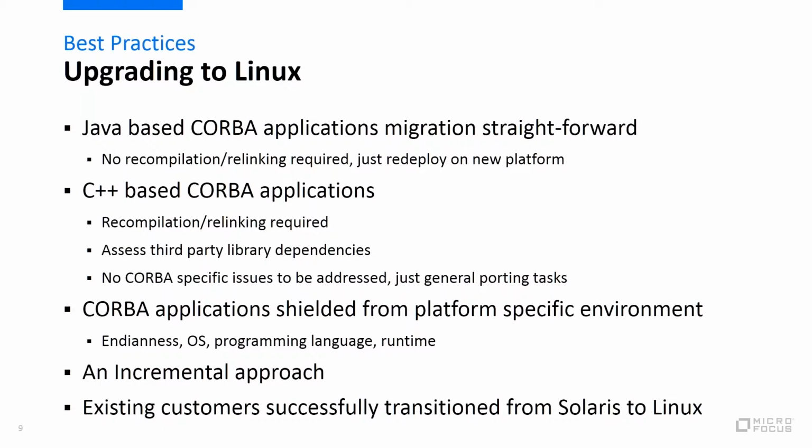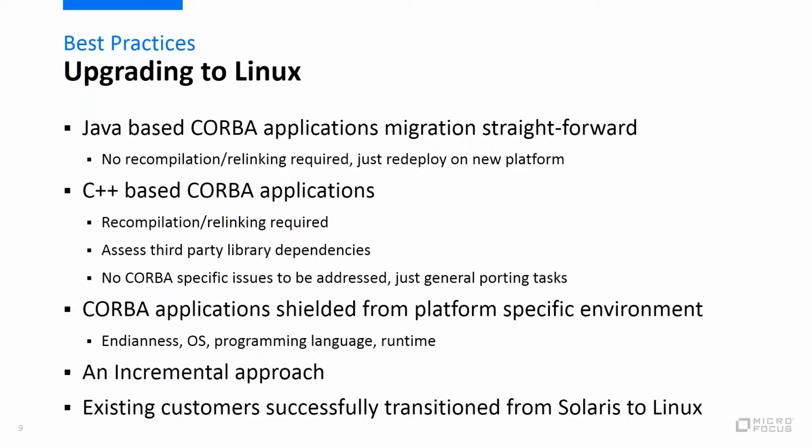This is one main advantage or feature of CORBA itself, that it provides platform transparency, and it basically shields your application from any platform-specific stuff like endianness of the platform, any OS-specific system calls, and so forth.